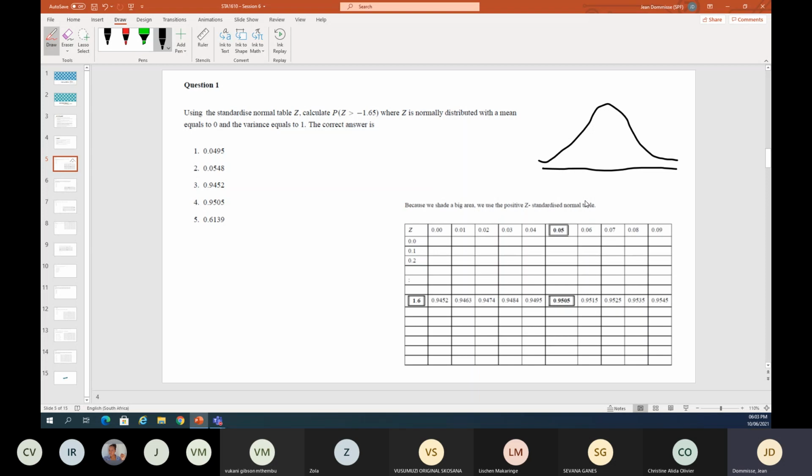When we draw that normal distribution, Z in the middle here is equal to 0. To one side of that, we will have a probability of 0.5, and a probability in this area that is 0.5.